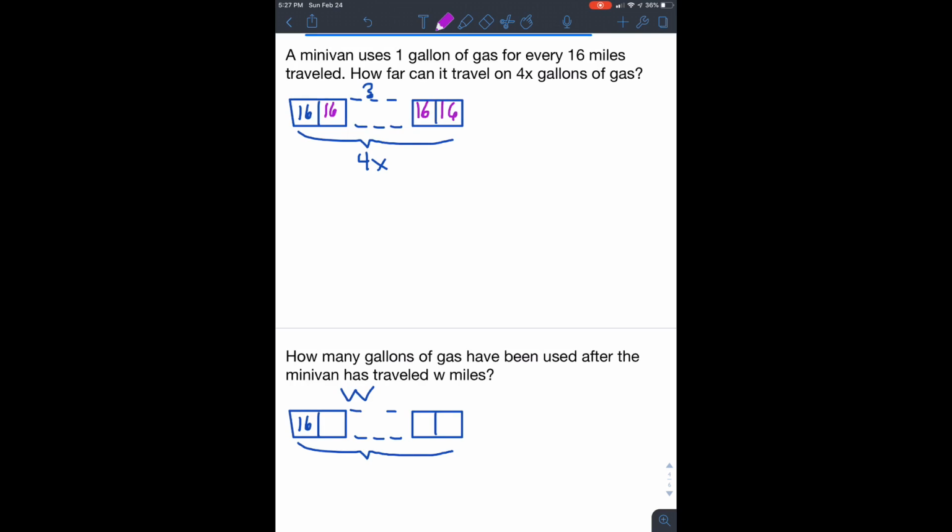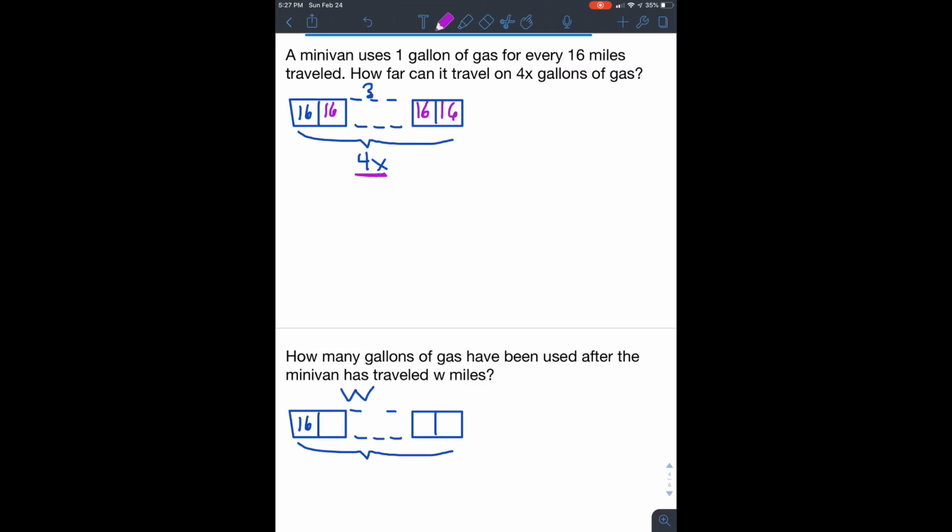If I went 3 amounts of 16 miles, that would be 3 gallons. If I went 4 amounts of 16 miles, that would be 4 gallons. So the question here is, how far can it travel on 4x? We don't know what x is, but the amount is 4x, so we don't know how many boxes we have.